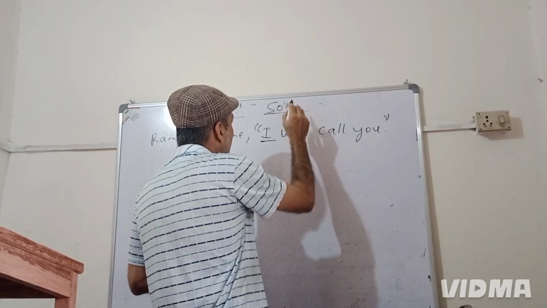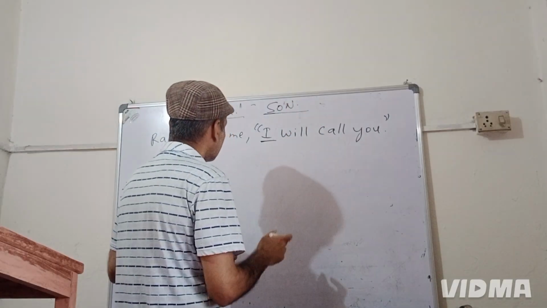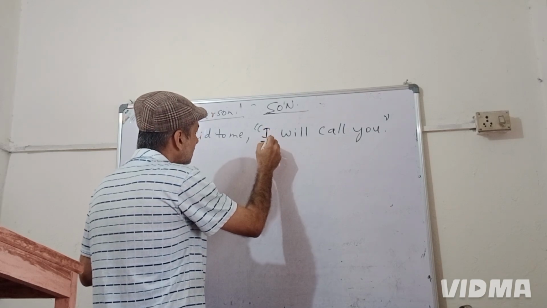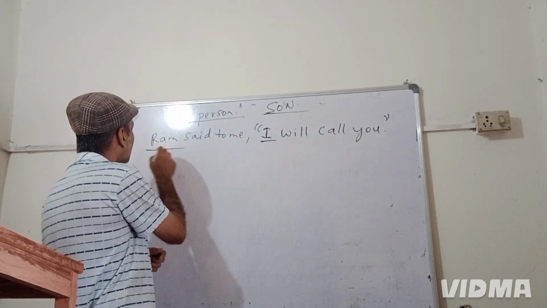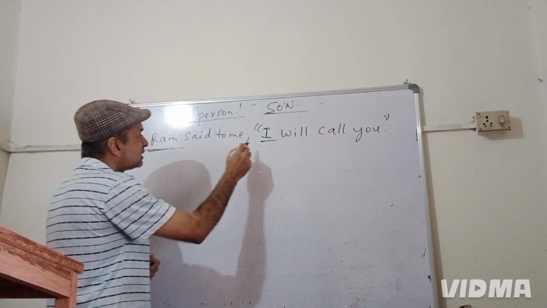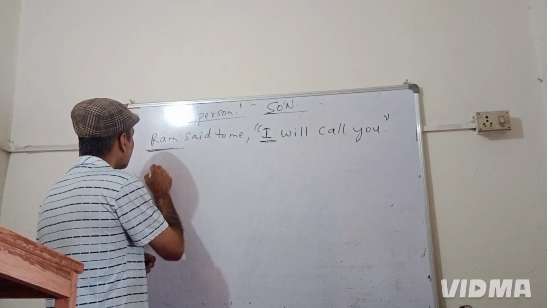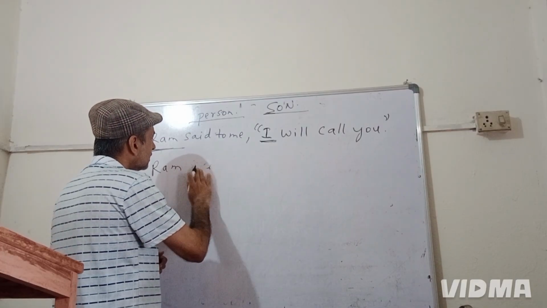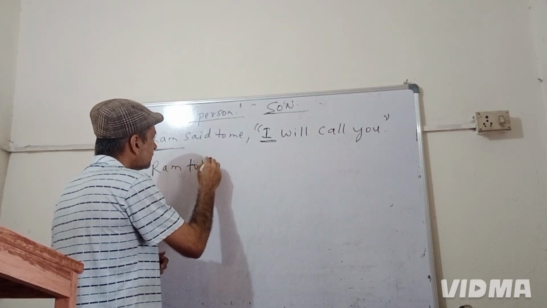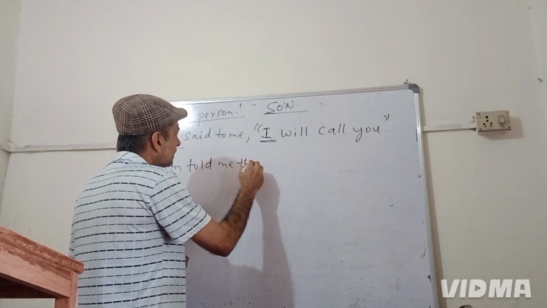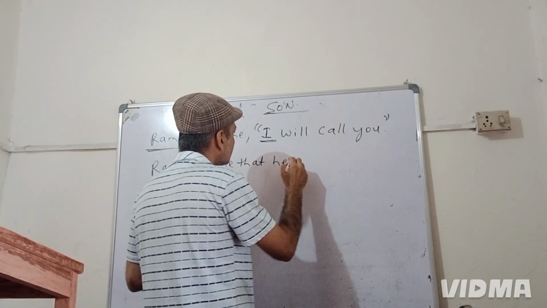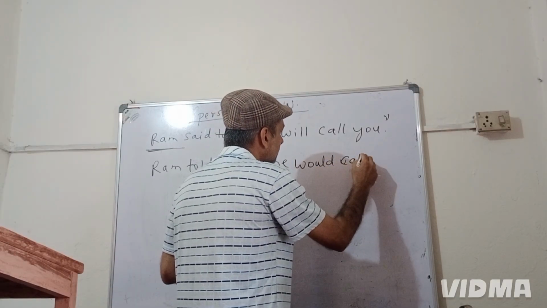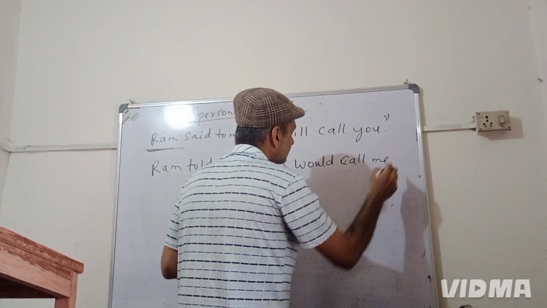So let's see how this first person is changed. I is the first person. It is changed according to the subject. The subject is Ram, so the first person is changed accordingly. Ram is male. Ram told me that he would call me.